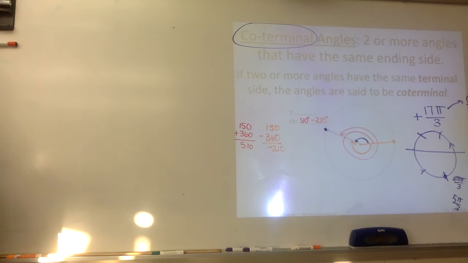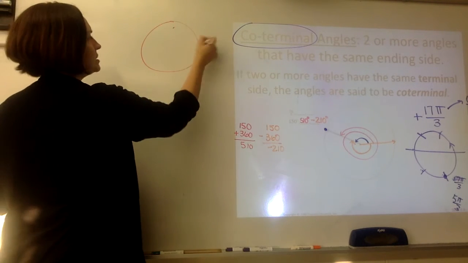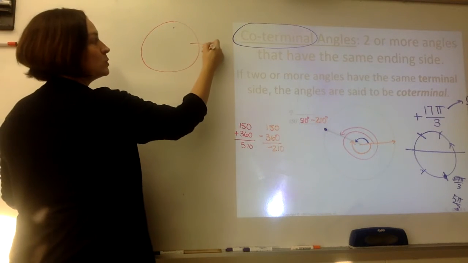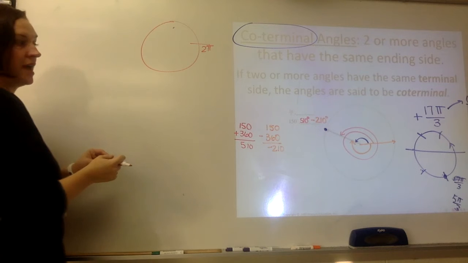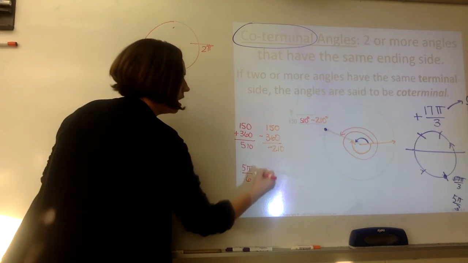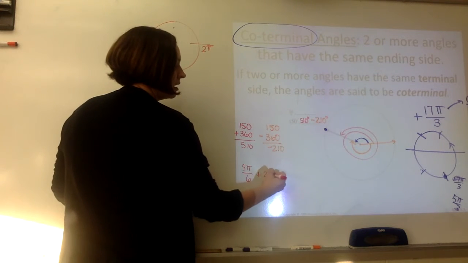Yes? All right, so now we did this in degrees. We understand to add and subtract full revolutions. How about in radians? How much is a full revolution? If I start here and I run one full lap, how far is it? 2 pi. This is where that warm-up came into play from yesterday. If I have 5 pi over 6, I'm going to add a revolution. How much is that? 2 pi.